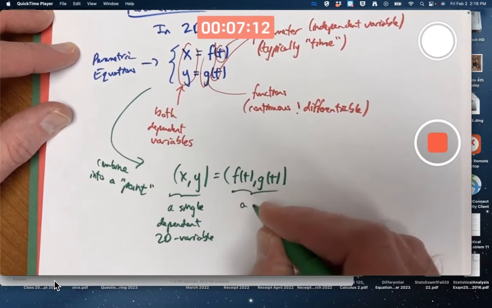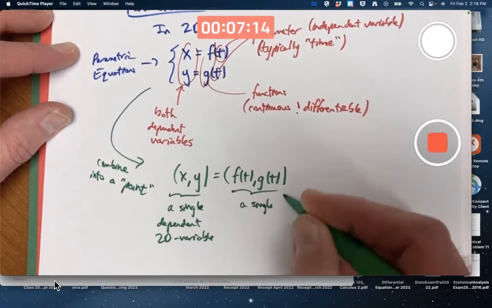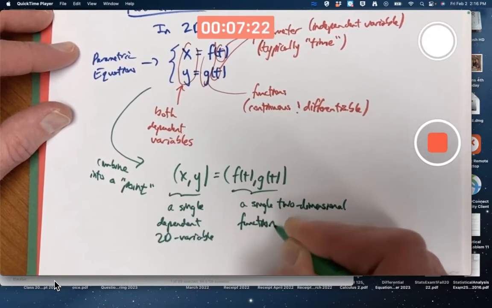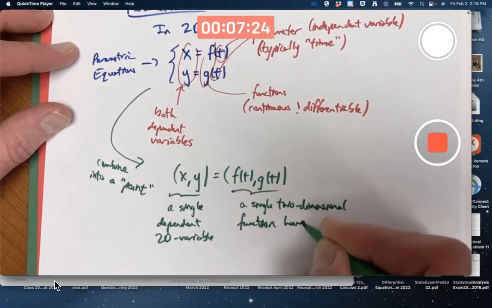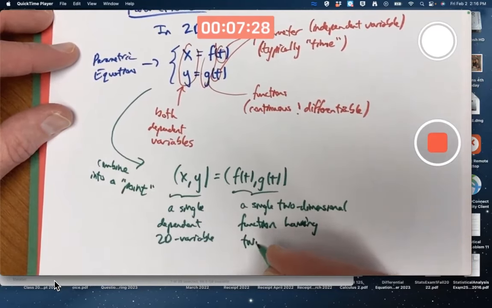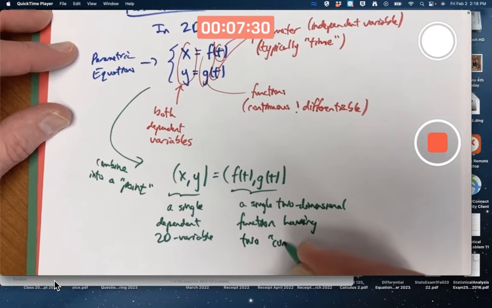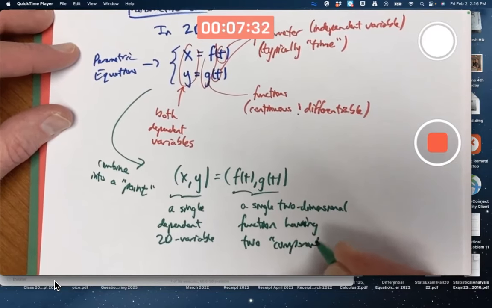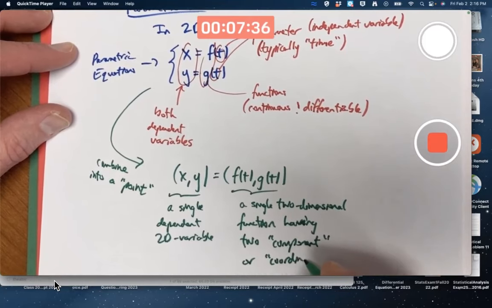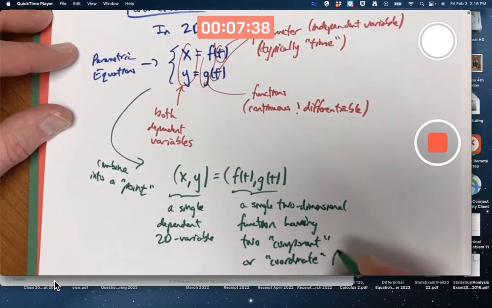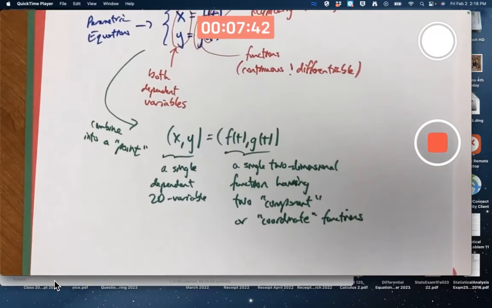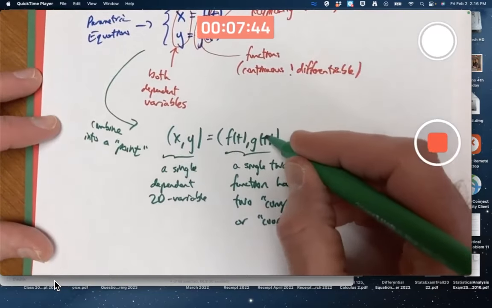This is a single two-dimensional function having two component or coordinate functions, f and g. Or we can think of them being combined into a single two-dimensional function.